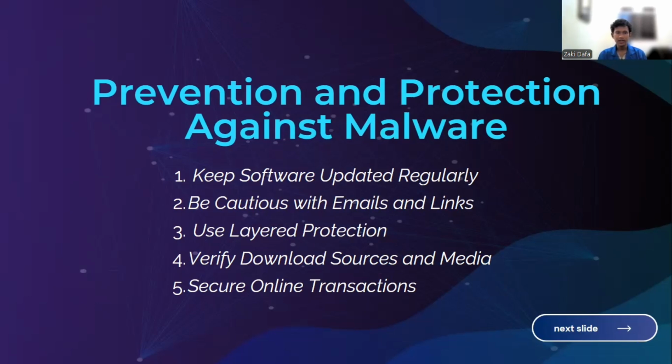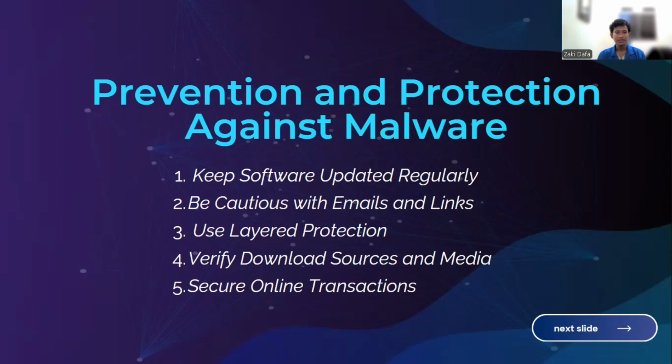Step 3, use layered protection. Install and keep your antivirus with regular updates and firewall enabled at all times to monitor and block malicious activity. Step 4, verify download sources and media. Avoid downloading files from illegal sites, like cracks or warez, and always scan external media, like USB flash drives and memory cards, before accessing their contents.